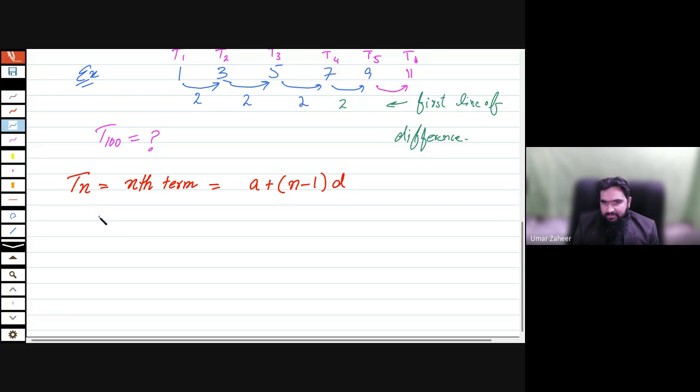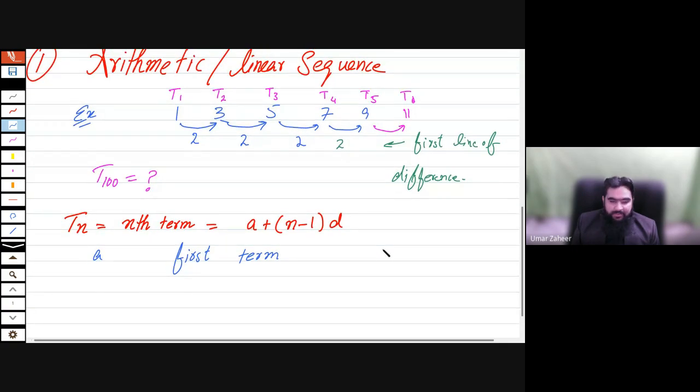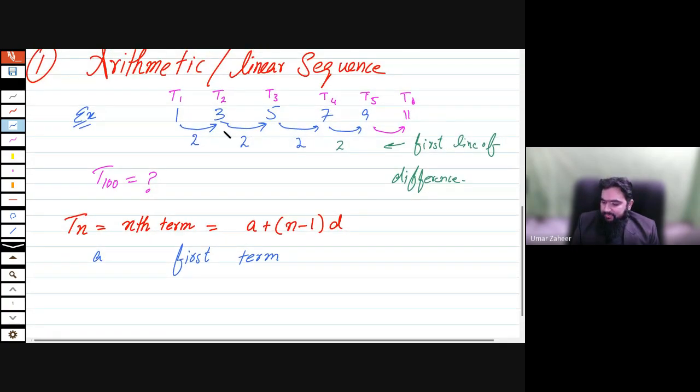Now what is a? The a is basically the first term of the sequence. Yes, Ariba, can you please tell me what is the a in this sequence?